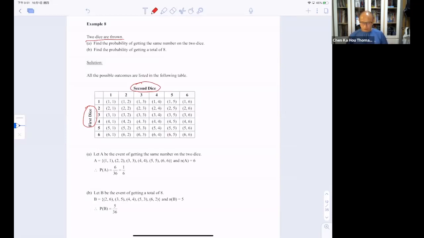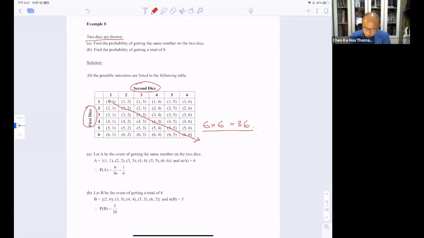1,1; 1,2; 1,3; 1,4; 1,5; 1,6; etc. So in total there are 6 times 6, 36 outcomes. You learned this in the last chapter, the counting multiplication rule. To find the probability of getting the same number on the 2 dice, if you trace the diagonal, there are 6 events, so the answer is 6/36.